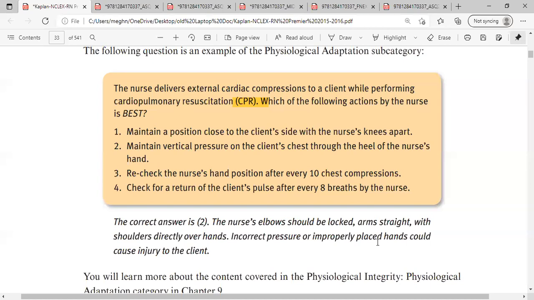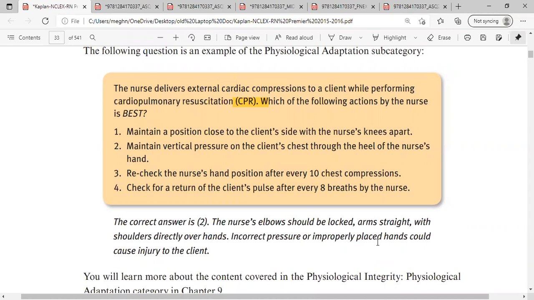Then we check whether my patient is breathing or not. If there is no breathing, we start CPR. Usually when we start, it is 30 chest compressions and also two rescue breaths.